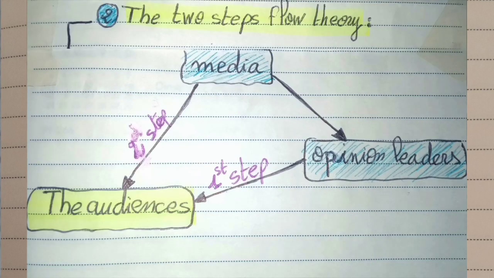Now the second theory, the two-step flow theory by Katz and Lazarsfeld in 1940. This theory claims that the information the audiences receive from mass media moves in two stages.